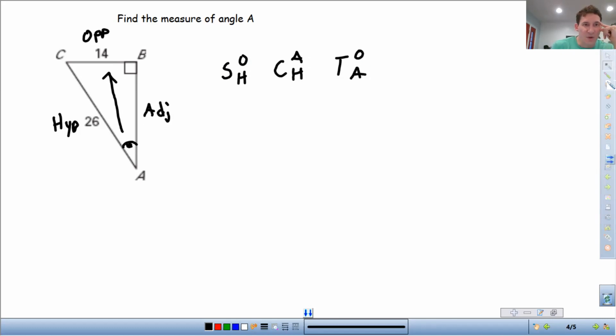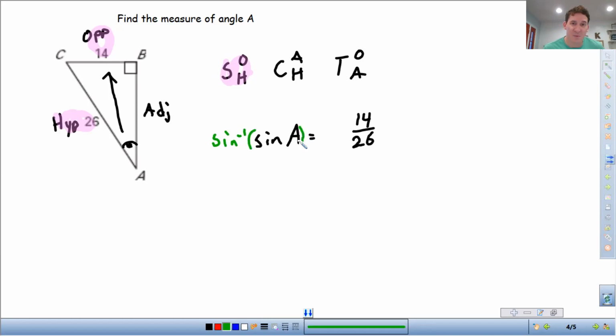Figure out what you know. We know the hypotenuse and we know the opposite. Which trig function uses opposite and hypotenuse? That'd be sine. So we're going to do the sine of A is equal to 14 over 26, opposite over hypotenuse. Solve for A. You take the inverse sine of both sides.